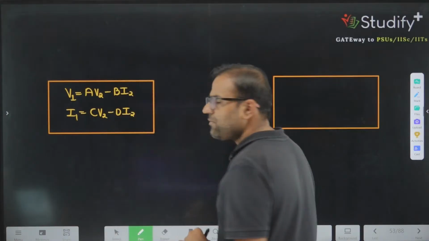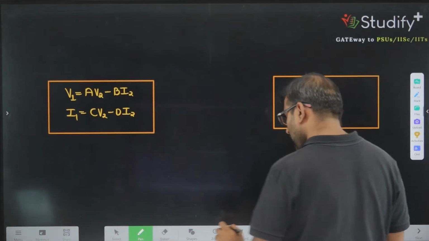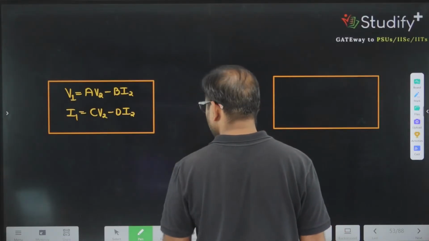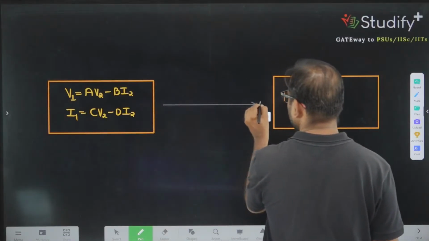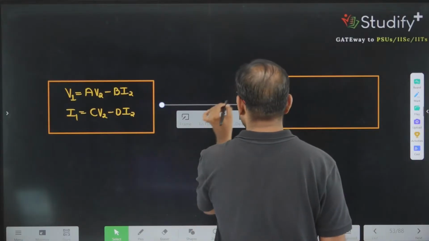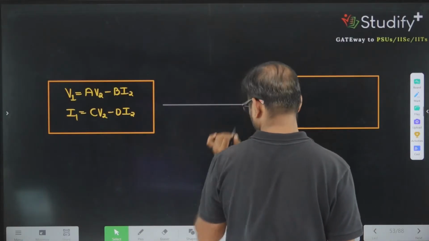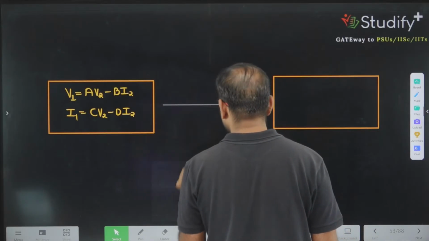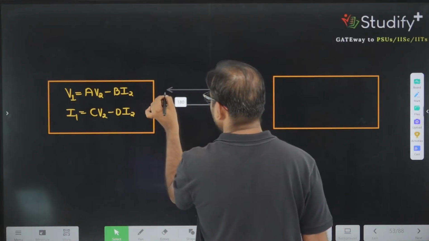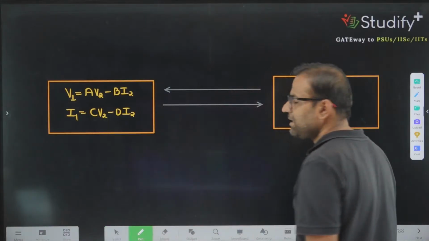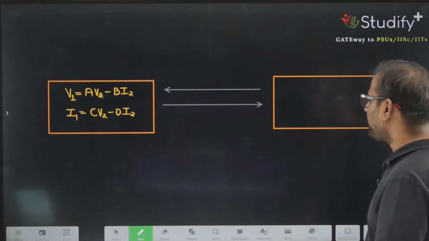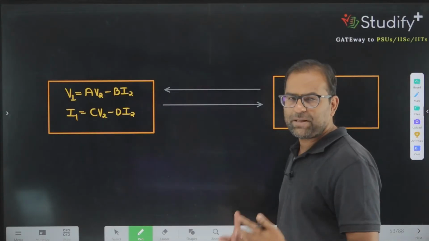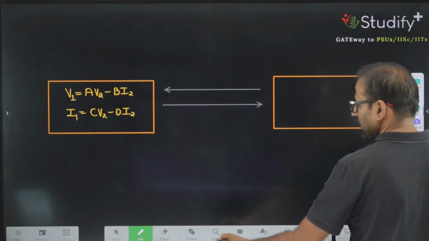And what we need to do is establish a relationship of this ABCD parameter with the Z parameter. This conversion is very much possible.